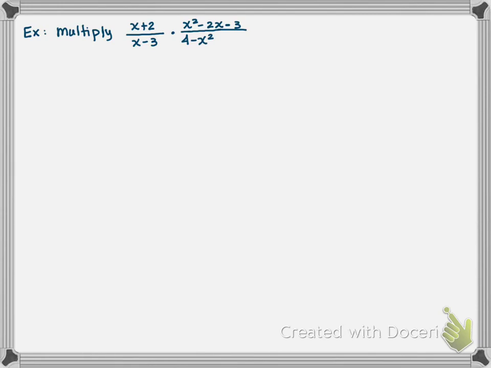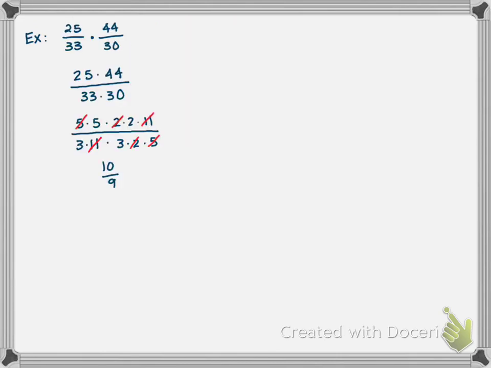So it's going to say multiply, but you don't actually want to do any multiplication here. In fact, with this example, it's true that you could multiply 25 by 44 and then break that down, and you'll get the right answer. It's just quite time consuming.